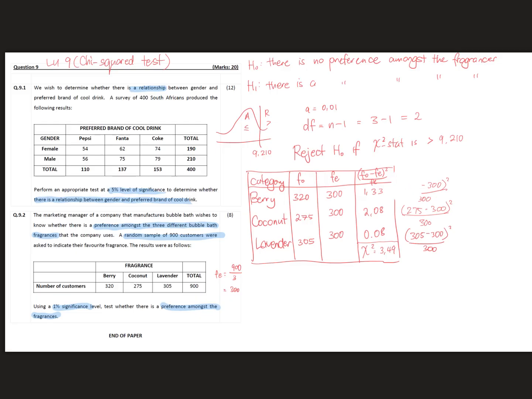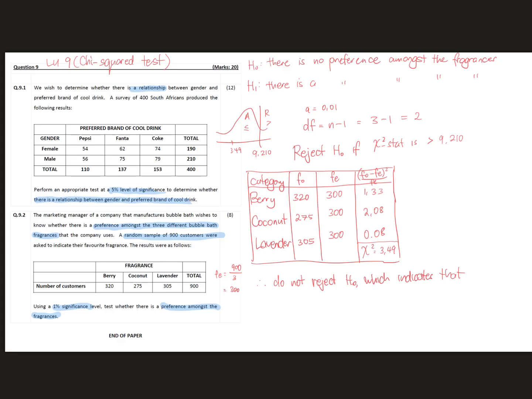Then we simply look at where this 3.49 falls on the diagram. And again, it's literally just treating it as a normal number line. So this would be somewhere here, which is your region of acceptance. So now you're going to say, therefore, do not reject the null hypothesis, which indicates that, and again, go back to your null and alternate hypotheses.